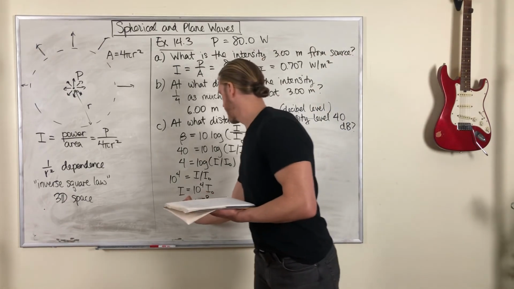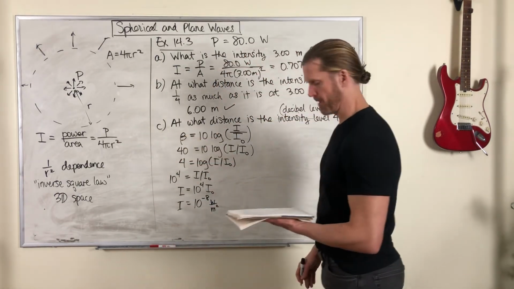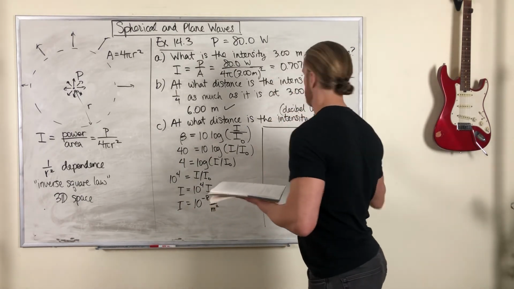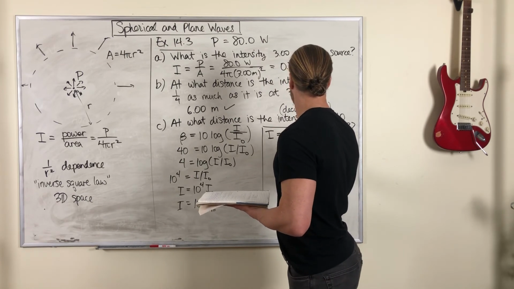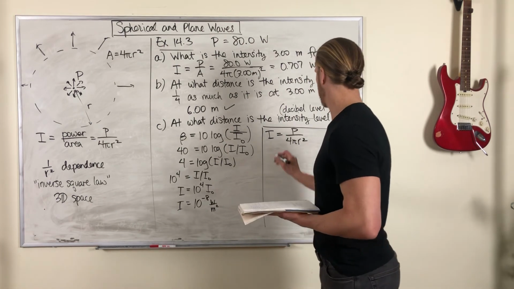So we have a value for I, and now let's use our definition. I equals P over 4 pi r squared. We want to solve for r.